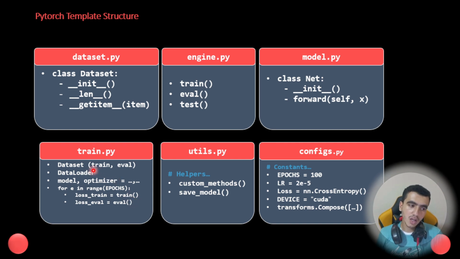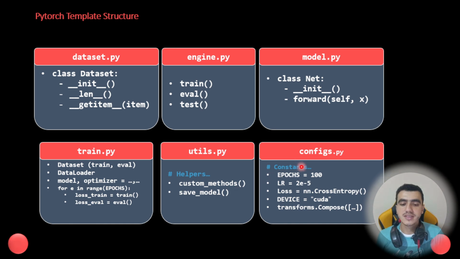Apart from initializing the dataset for the train and evaluation parts, there is the data loader, which is nothing but breaking down the dataset into batches. Here it also initializes the model and the optimizer. Both are initialized in this single script. Then the utility functions, like custom methods and saving our models. Any helper methods can be applied here.